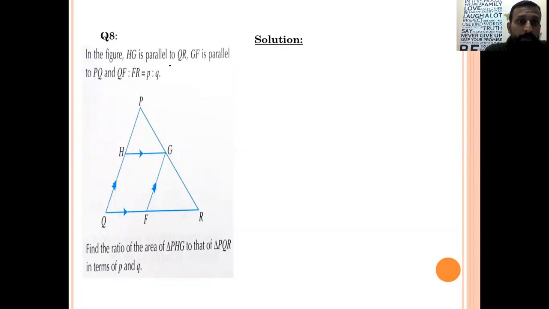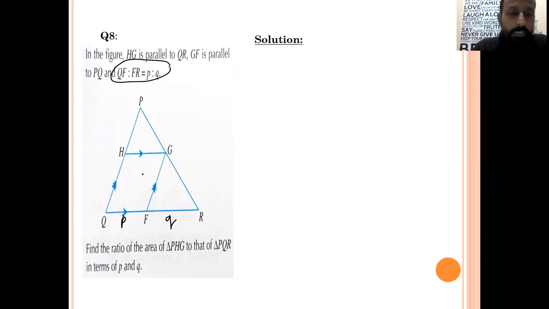If you read this very carefully, QF ratio FR is P is to Q. This is P and this is Q, right? Now, I'm talking about this figure. This is a parallelogram, so this will also be P, right?